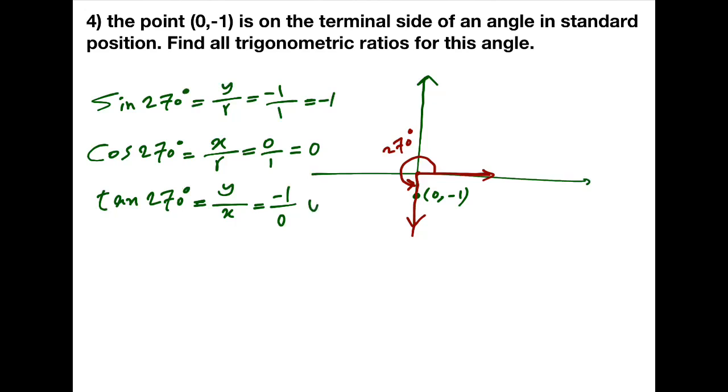So this is undefined. All right, so these are the trig ratios for the angle 270. Sine is -1, cosine is 0, tangent is undefined. I strongly recommend you memorize the trig ratios for these special angles, 270, 180, and 90. And in other videos, I will give you the trig ratios for other special angles right after we see the radian measures.